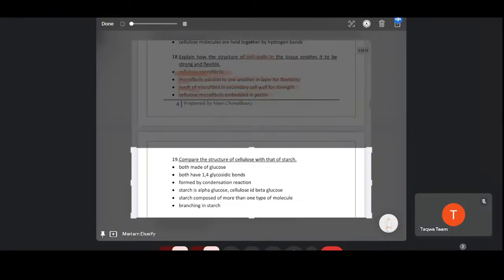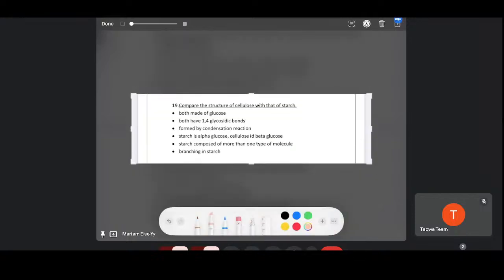Okay, this is also somehow a Unit 1 question. Compare the structure of cellulose with that of starch. So we said earlier that the cellulose is made of beta glucose, right? But we need to know that starch is made of alpha glucose. Starch is composed of more than one type, basically amylose and amylopectin, while cellulose is made only of beta glucose.